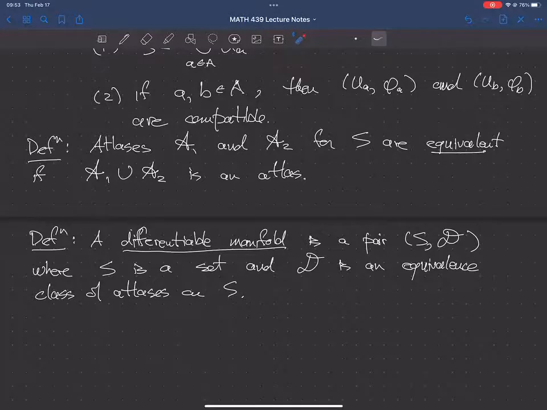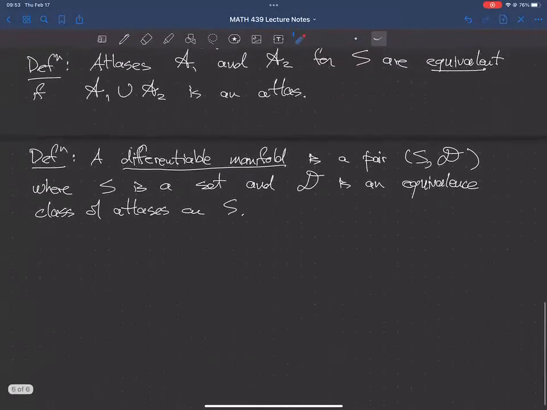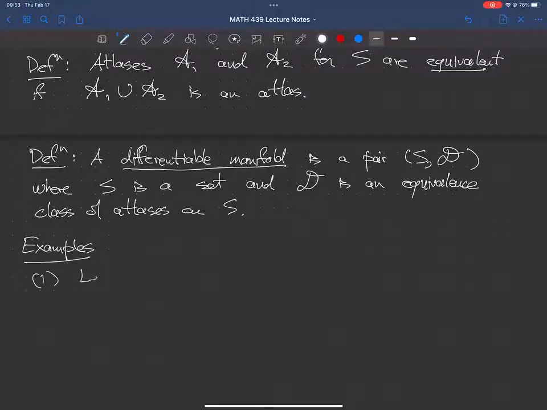So let's see how this works with a couple of elementary examples. Let's take an open subset of R^n. This is a very simple example of a manifold, and it's a very dull one.